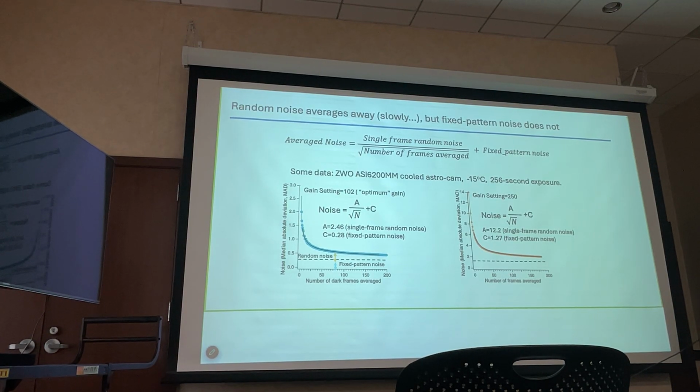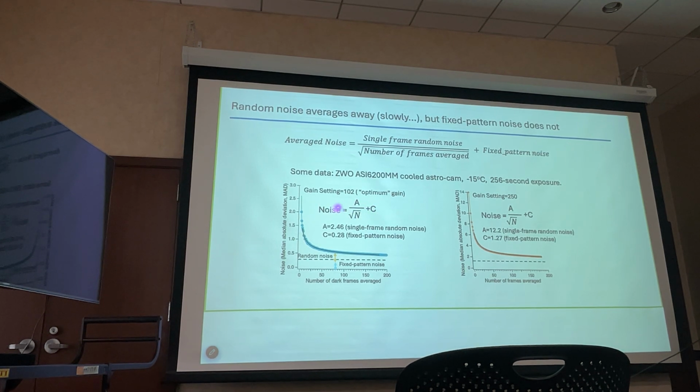So that's what I've done here. This is a 6200 at a gain of 102, so-called optimal gain, and you see it falls off like a rock. I've said that random noise should decrease like the square root of the number of averages, but fixed pattern noise does not.